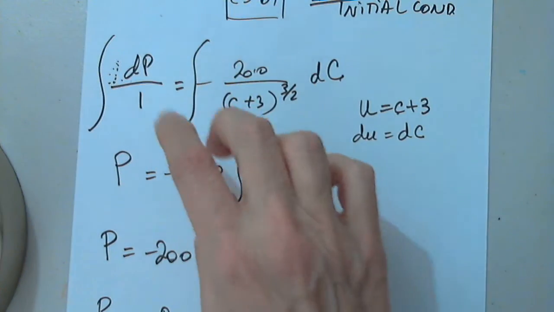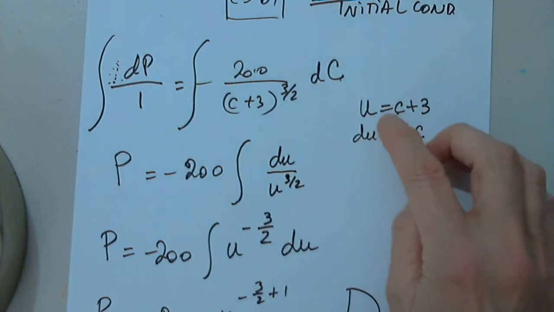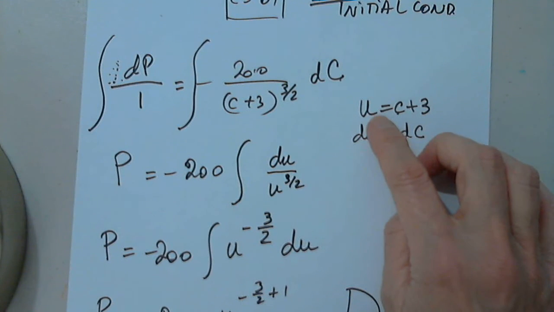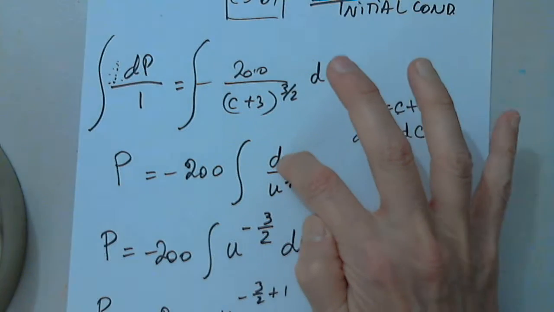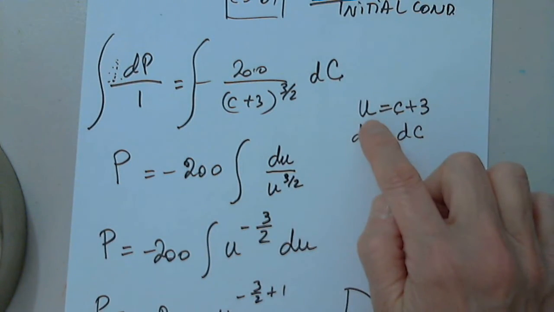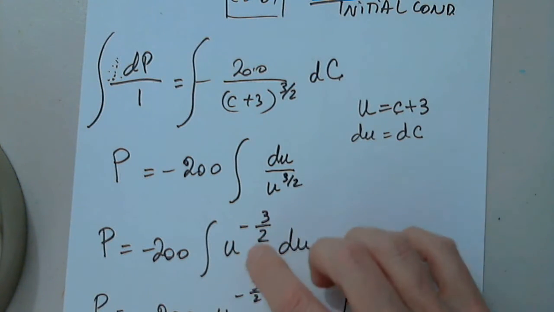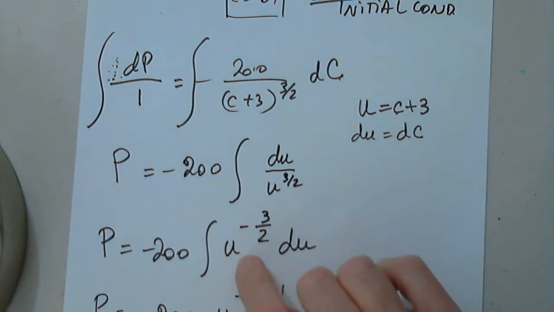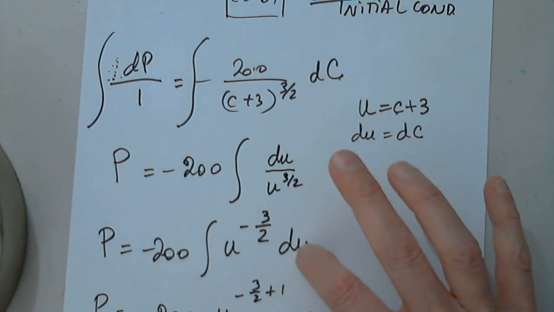Equals. Negative 200 is outside. I realize that C plus 3 will be denoted by U. du equals dc, so this will be replaced by du, and this will be replaced by u to 3/2. But 1 over u to 3/2 is u to negative 3/2. I copy this, I copy this, I copy this.